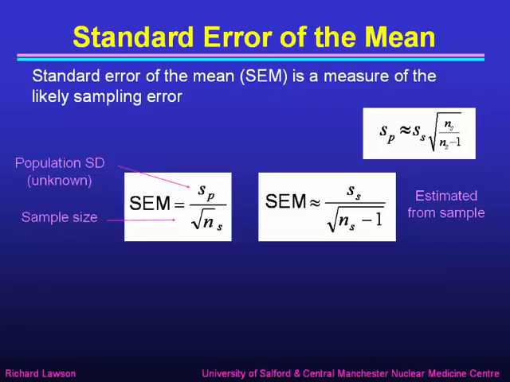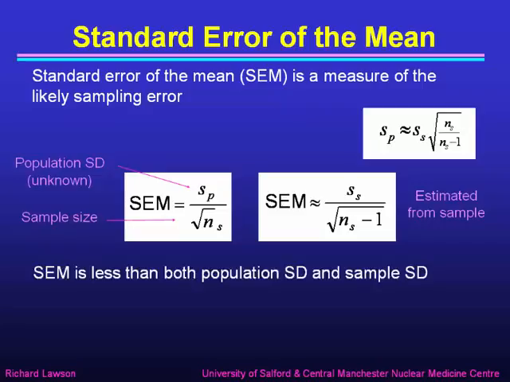And that can be estimated from the sample, because we only need to know the sample standard deviation, not the population standard deviation. So you see we've got two formulae for the standard error of the mean. One relating it to the population standard deviation divided by root n, and one to the sample standard deviation divided by root n minus 1.